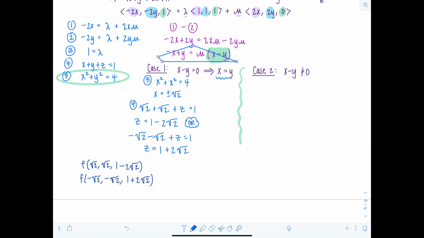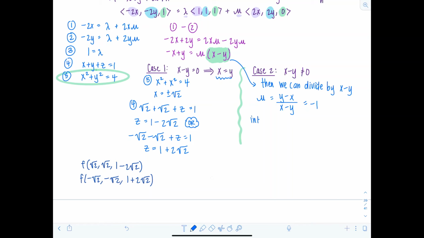and if x minus y is not equal to 0, then that means we can divide by it, right? So I would have mu is equal to negative x plus y, that's the same as y minus x, over x minus y. And y minus x over x minus y, that equals negative 1. Ooh, okay, so I got mu equals negative 1.